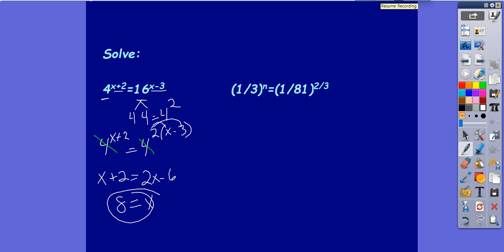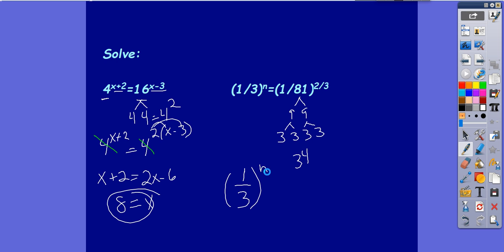All right, this next one, I've got a 1/3 and I've got a 1 over 81. A larger number usually gets broken down into smaller, so 81 is 9 times 9, and each of these 9s are 3 times 3. So 81 is 3 to the 4th. So I have (1/3)^n, and then I have 1 over 3 to the 4th to the 2/3.